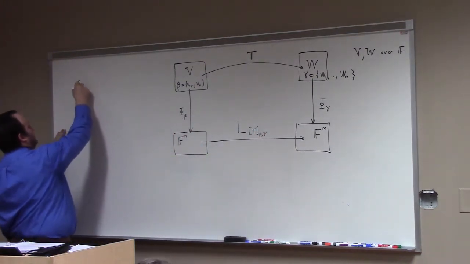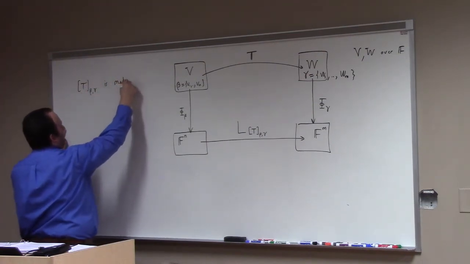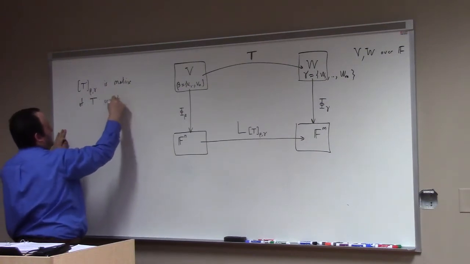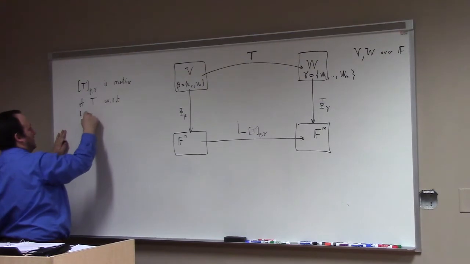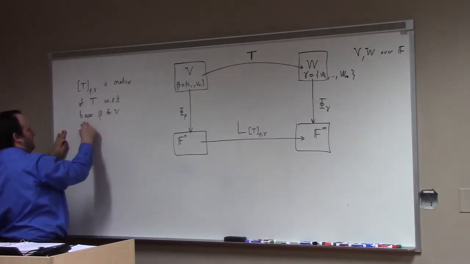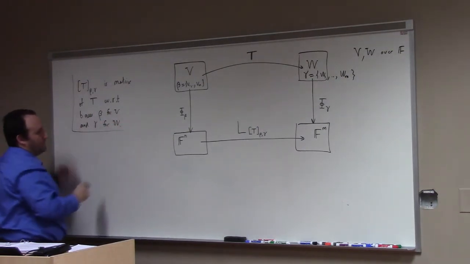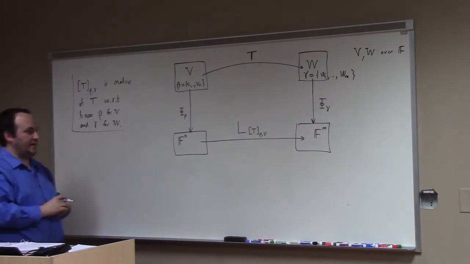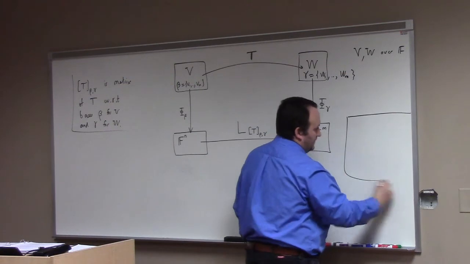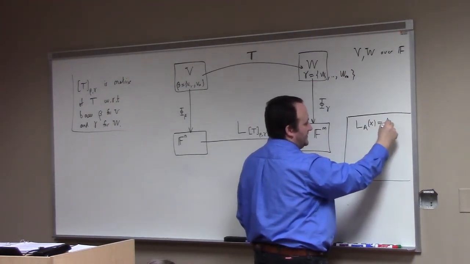So this [T] beta gamma is the matrix of T with respect to bases beta for V and gamma for W. All right? What does this notation L sub something mean? Well, sidebar: L sub A acting on x is by definition Ax.